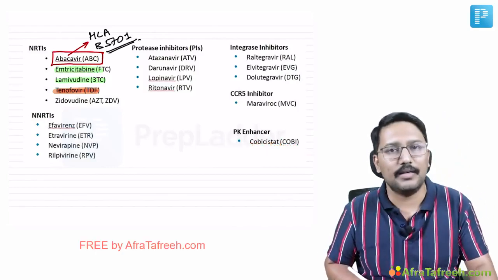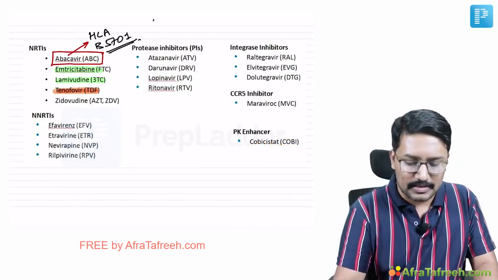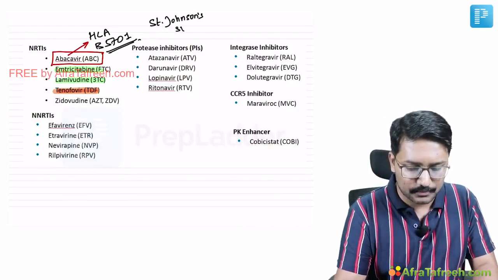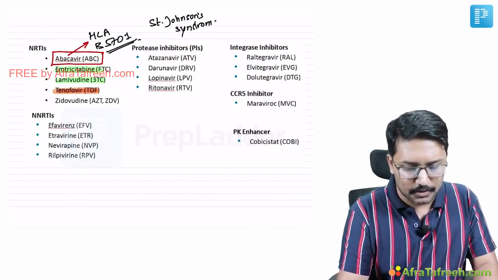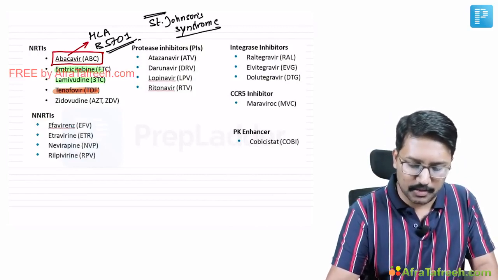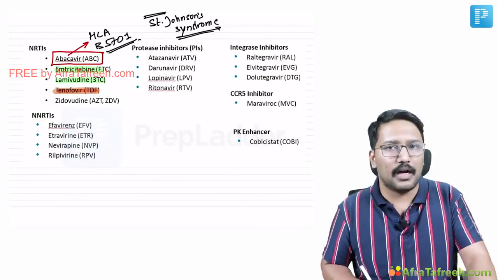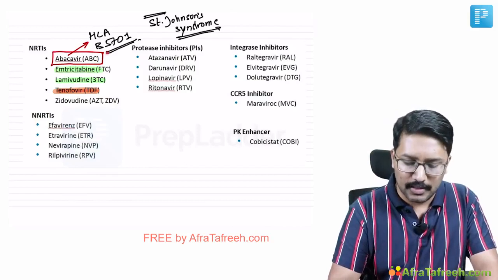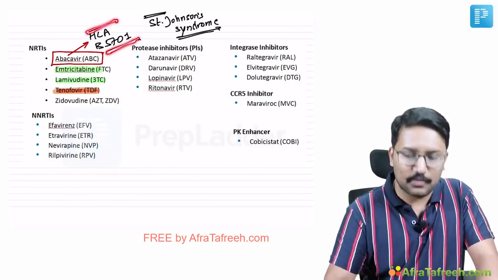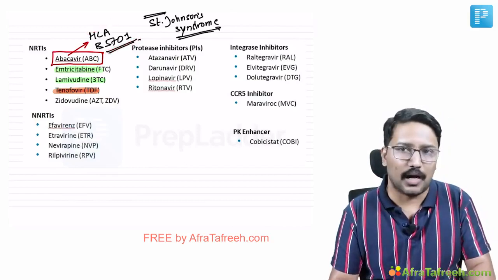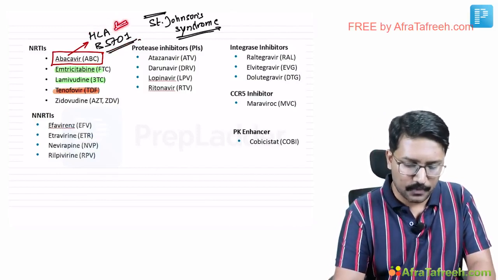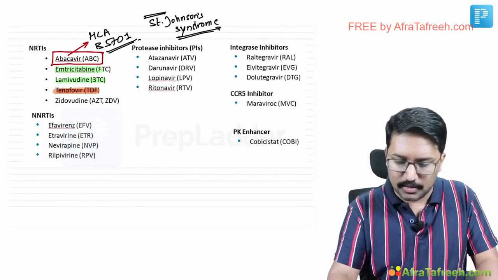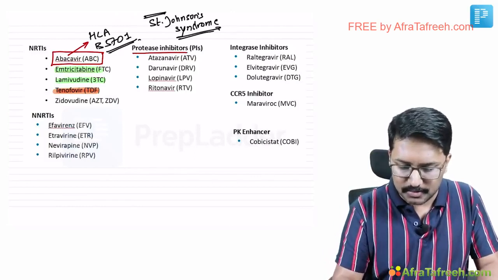Because this HLA variant is associated with increased risk of Stevens-Johnson syndrome or toxic epidermal necrolysis if patient is treated with abacavir, right? So it is now considered as an acceptable practice to do HLA B5701 assay before you start patient on abacavir. Okay, clear?